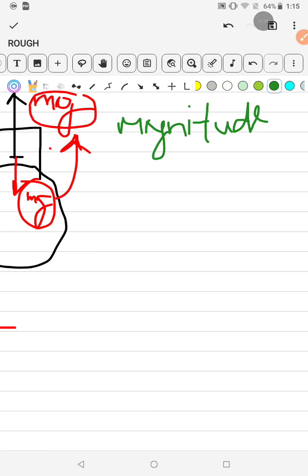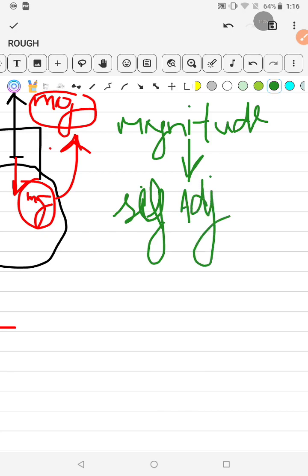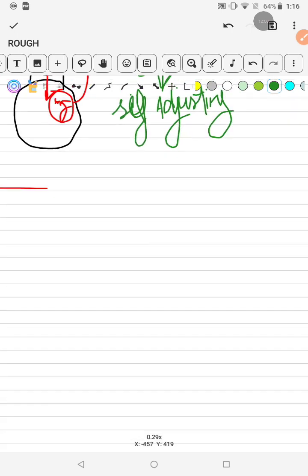Remember that the magnitude of normal is self-adjusting. Now the next topic is the direction of normal force.